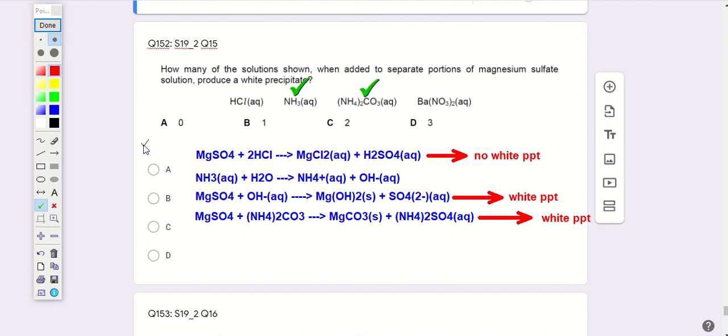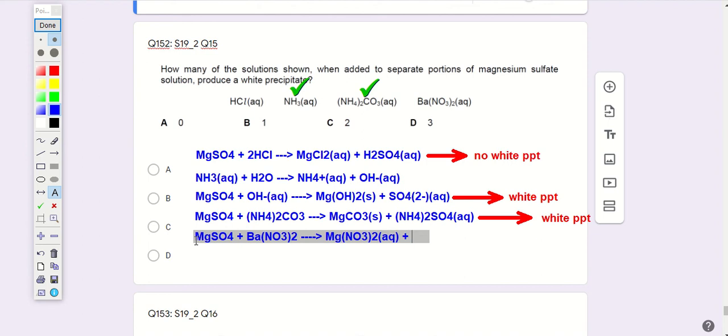Now the last one, I have barium nitrate. Again, magnesium sulfate reacts with barium nitrate. I will get magnesium nitrate, which is soluble, as nitrate salts are soluble in water.